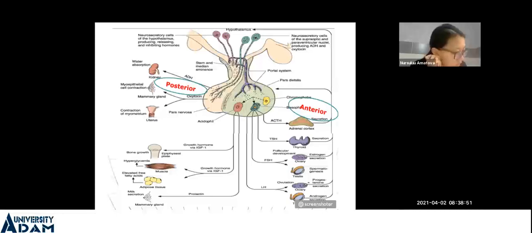Basophils include three subtypes: corticotrophs, thyrotrophs, and gonadotrophs.